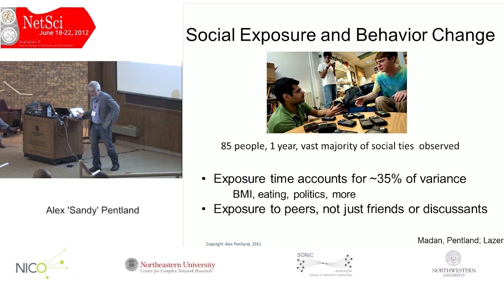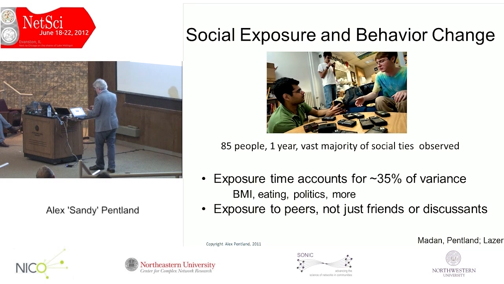So we took this dorm, which was a very cohesive co-op-like dorm, where we knew we could get almost all of the social ties. These people ate together, slept together, argued together, played together, and every once in a while they would go to classes, right? But we had most of the social networks that were relevant there.